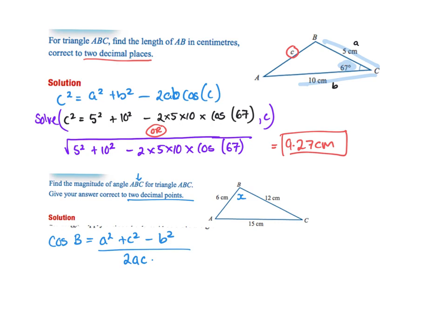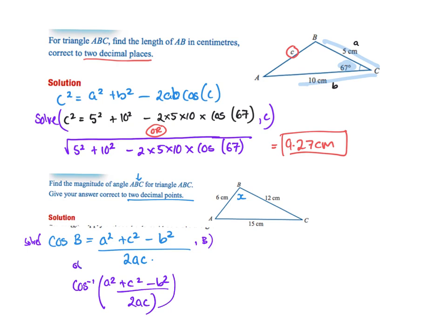If we go to type it in the calculator, we can do solve, or we can just go straight to the inverse cos of a squared plus c squared minus b squared over 2ac. You can do solve if you like at this point, comma capital B, or you can go straight to this.